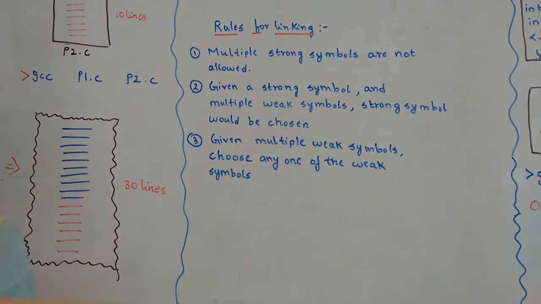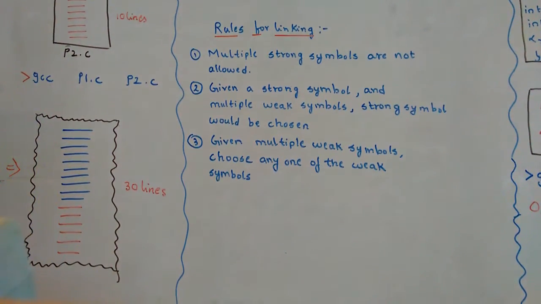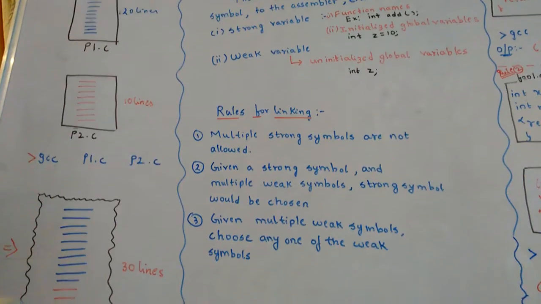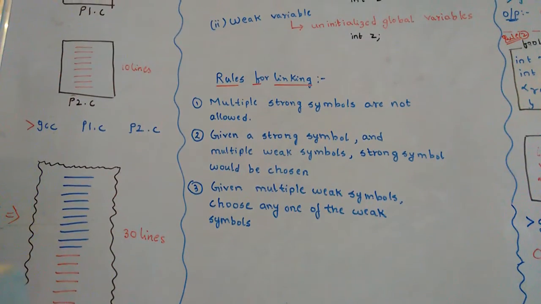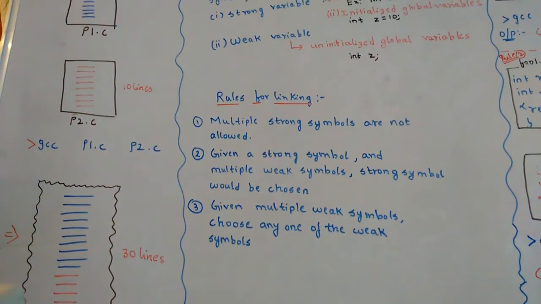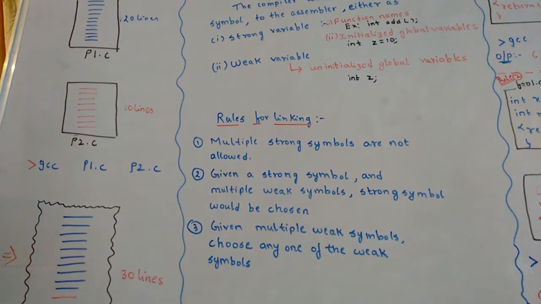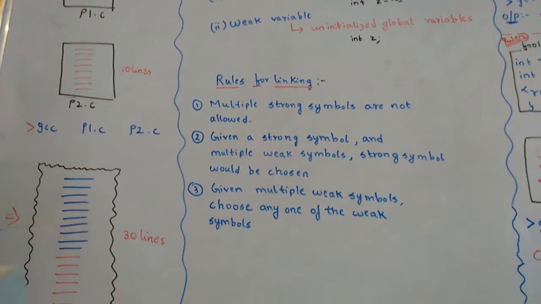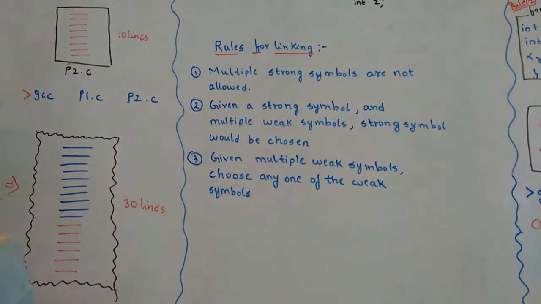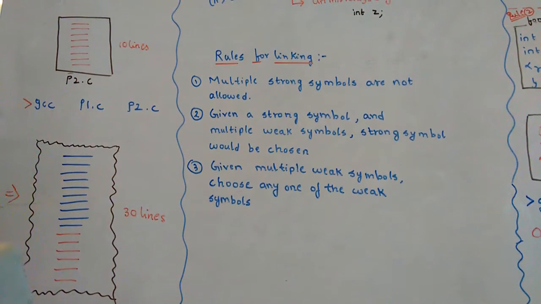Together it would be 30 lines, 20 plus 10. I hope we now know how the linking is done using the gcc command.